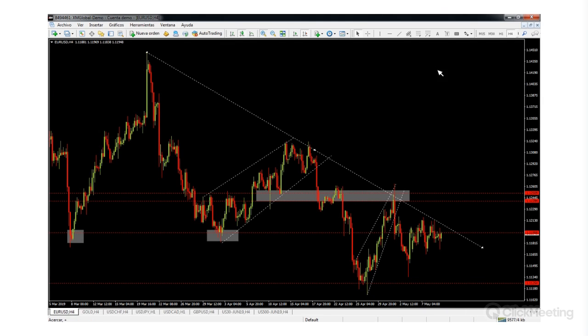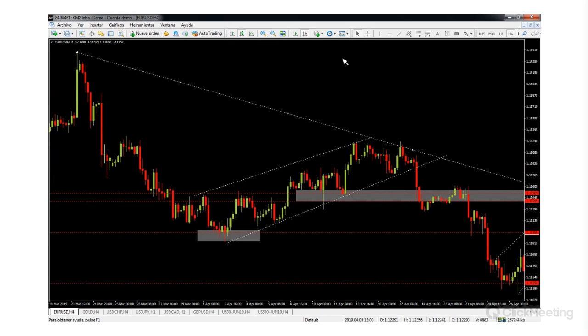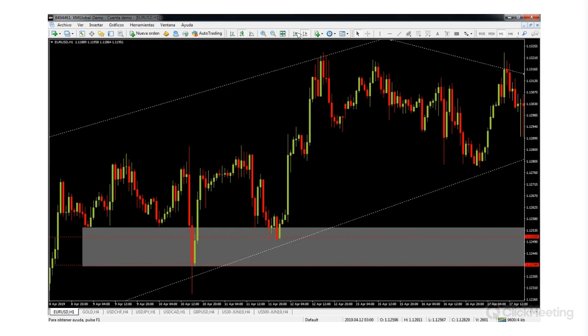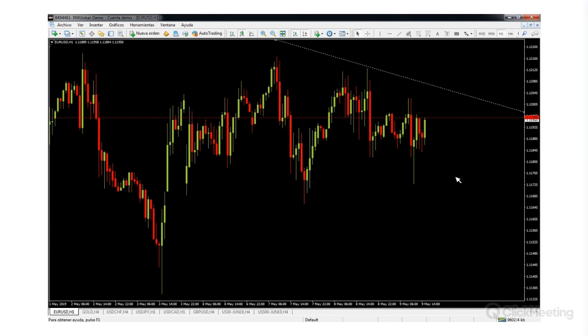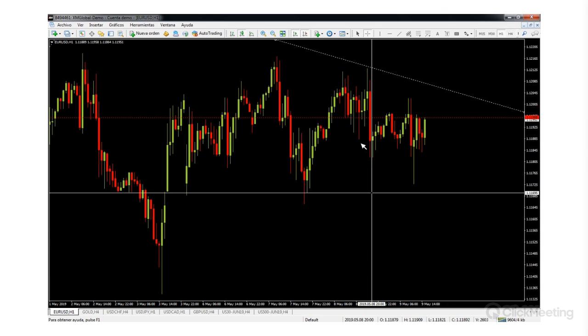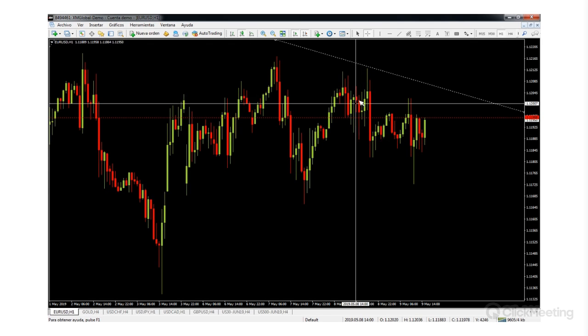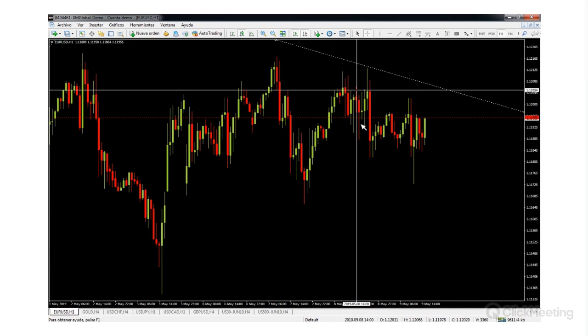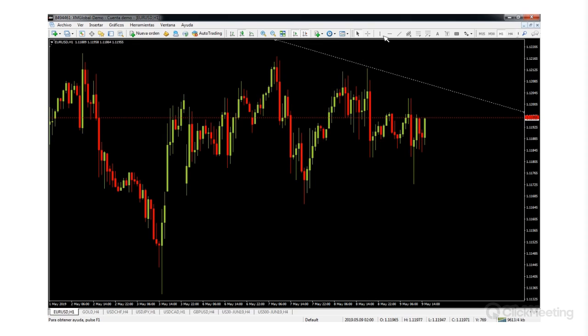Now let me just thicken my chart up for you guys, and I'm going to move to the hourly. I'm going to show you what we did on the premium community. We started looking at the euro US dollar at around this time, with that white dotted trend line.